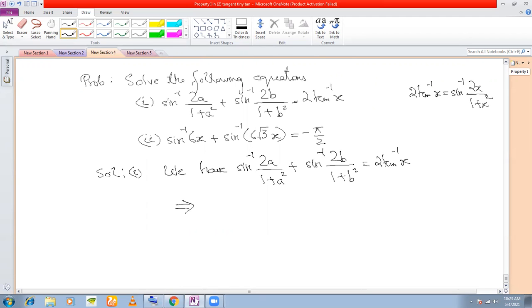You remember this? So we'll write this directly. Sin inverse 2a by 1 plus a square can be written as 2 tan inverse a. Similarly, sin inverse 2b by 1 plus b square can be written as 2 tan inverse b, is equal to 2 tan inverse x. Now you can take 2 common.